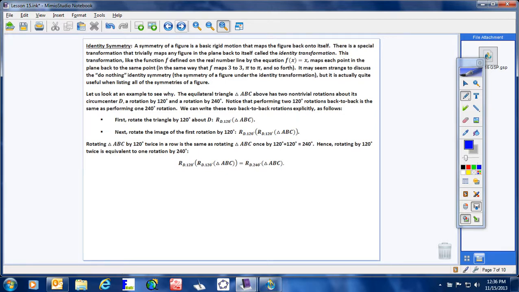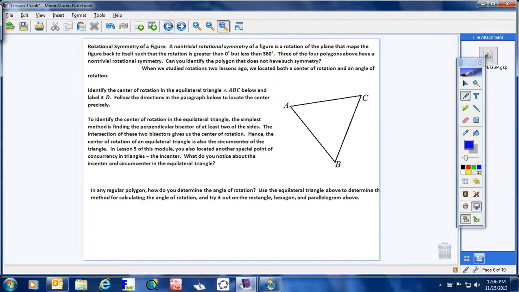Oh, you know what? Your job is to go back to this triangle ABC here and find the center of rotation. So if you look in your text, this spot right here in your text, bummer, wrong one. This spot right here in your text tells you what to do in order to find the center of rotation.